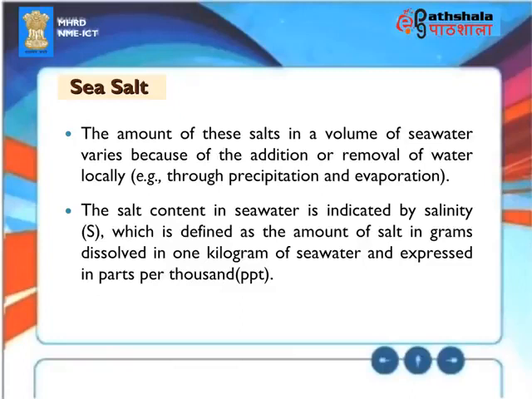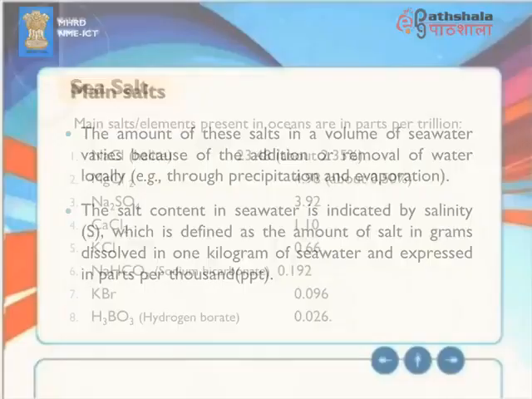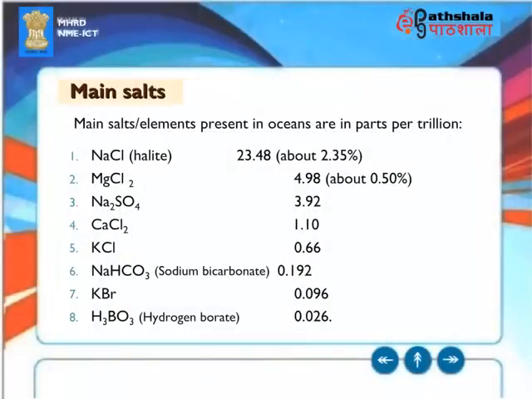The salt content in seawater is indicated by salinity S, which is defined as the amount of salt in grams dissolved in 1 kilogram of seawater and expressed in parts per thousand, or ppt. Main salts. Main salts and elements present in oceans are in parts per thousand. Sodium chloride, NaCl, halite, 23.48, about 2.35%.